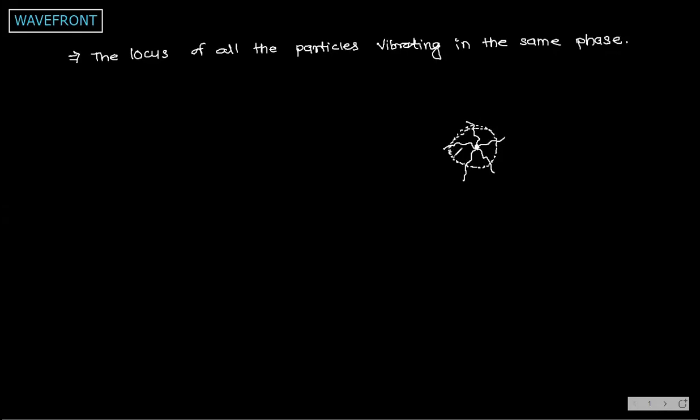So this is what we can say, a set of points. Can you see? At each and every point, the particle is vibrating in the same phase. Understand? So this is your wavefront. Any doubt? Please ask. Clear? Understood?